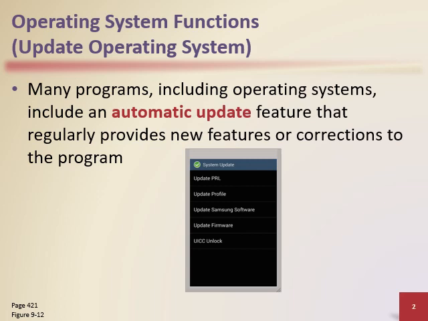Updates of an operating system are also a functionality of the operating system. Many programs, including operating systems, have an automatic update feature. If you haven't noticed it on desktops, you might have noticed it on the operating system of your mobile phone, which requires updates regularly. Updates are the ones that come with new features or corrections to the programs.